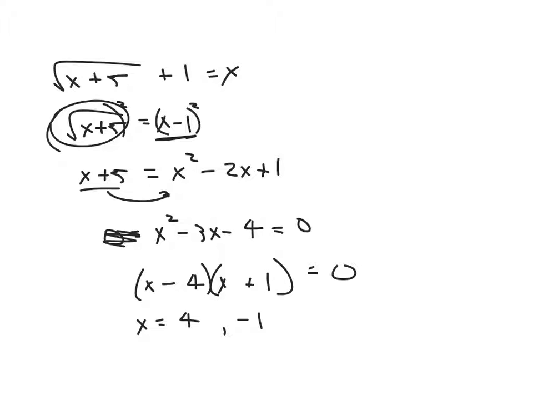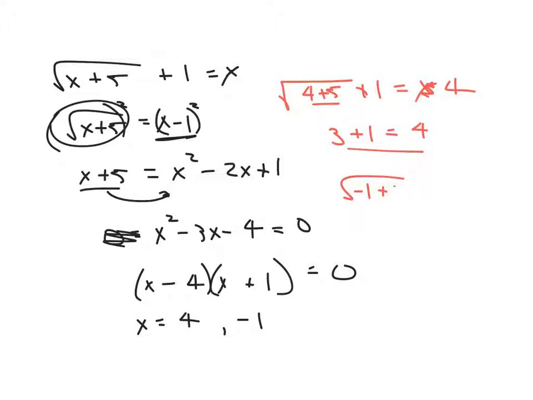So let's go ahead and plug that 4 in. Okay, whoops, sorry, that should be a 4, right? Okay, so we get 9, square root of 9 is 3, plus 1 equals 4. That's a true statement, so that works. Let's plug negative 1 in.